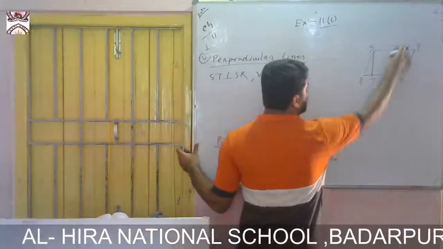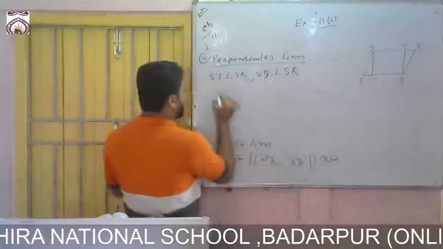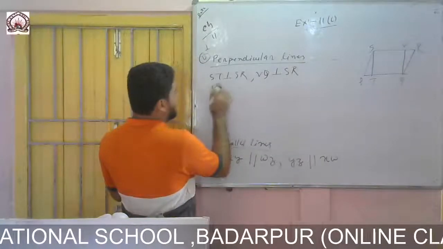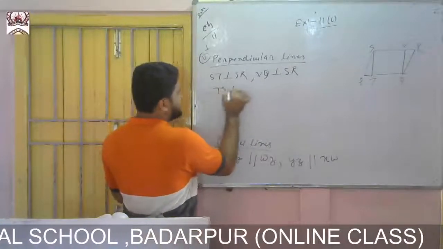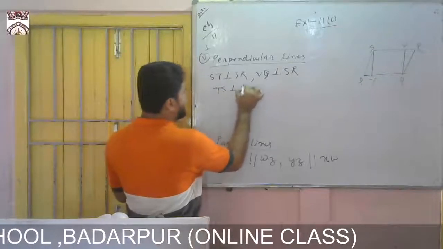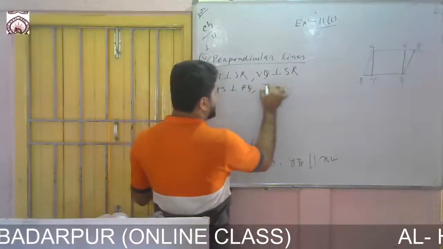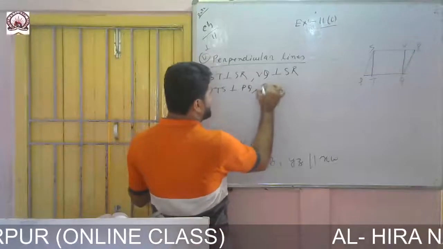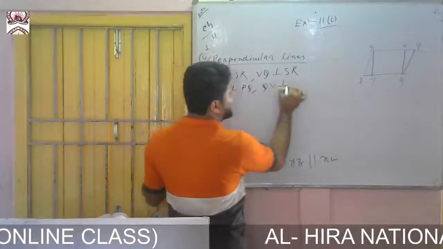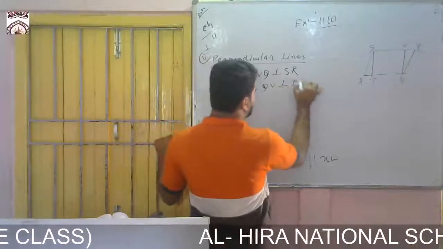Again BQ is perpendicular to PQ. Or you write TS perpendicular to PQ, and QB perpendicular to PQ. Okay.